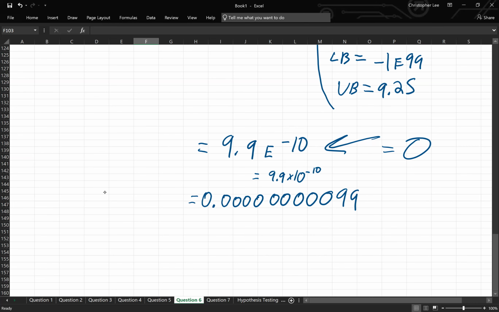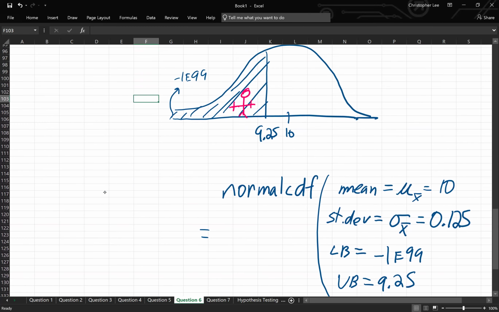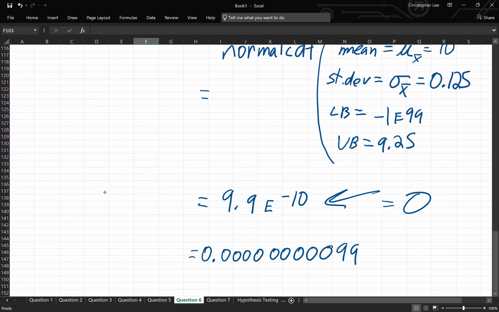But whenever you see something like that, that's just telling you zero. Anytime you see an answer like this, something E to some negative power, it means zero. This answer is actually 0 point 9 zeros and then 99.